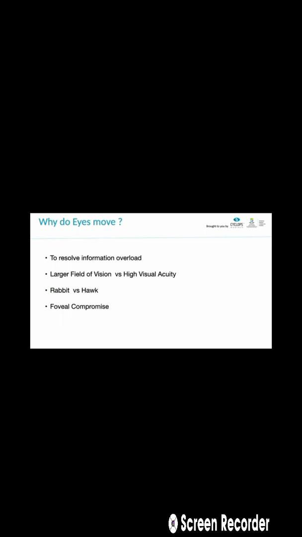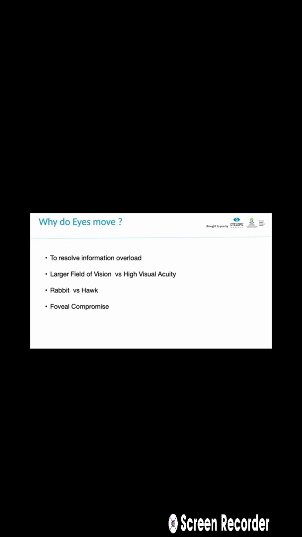But in humans, rather than using one of the above strategies, like either large field of vision or high visual acuity, the retina developed a very high spatial resolution in the center, what we call the fovea, and a much lower resolution at the peripheries of the retina.